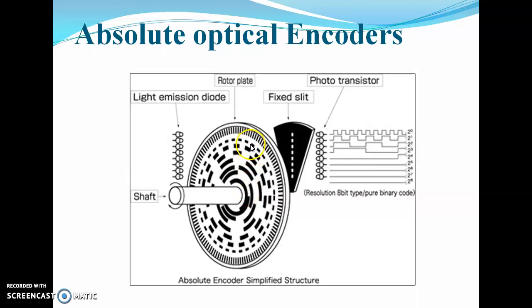This is also called a local plate, and this is the fixed slit. We will have a photo transistor, or you can say a sensor. For each sensor we will get output in square form. Likewise we will get the output, and that output is converted into displacement or the angular position of the shaft.